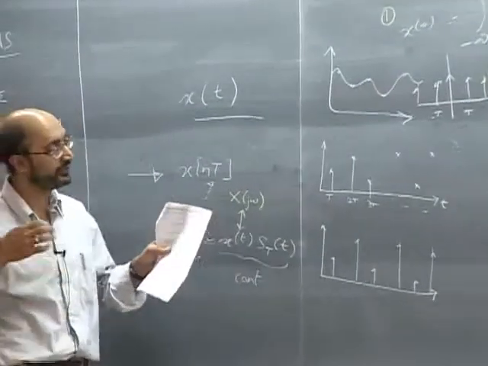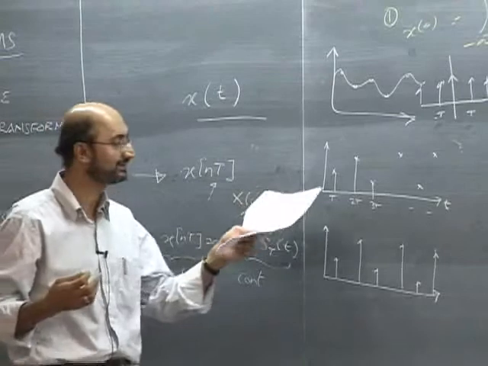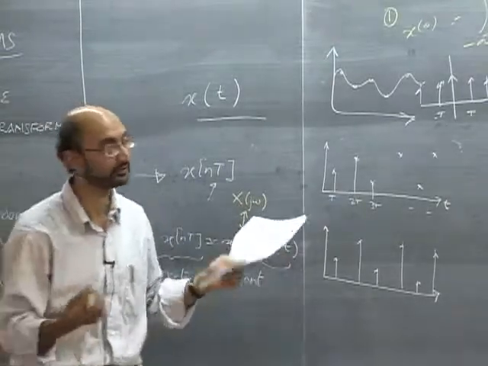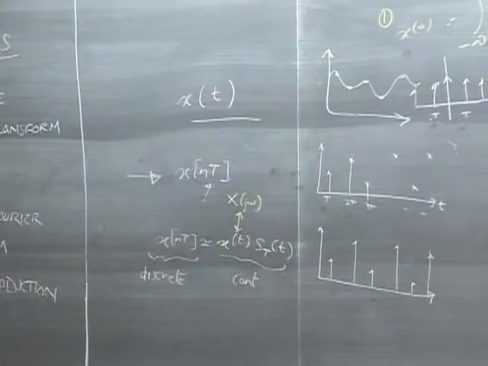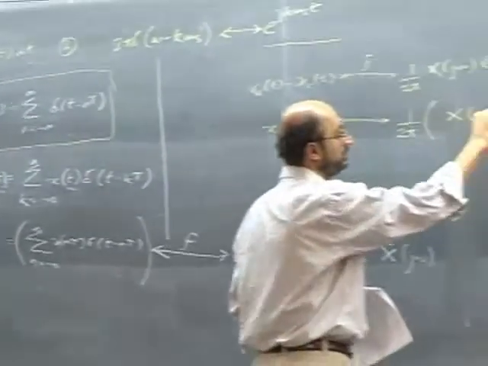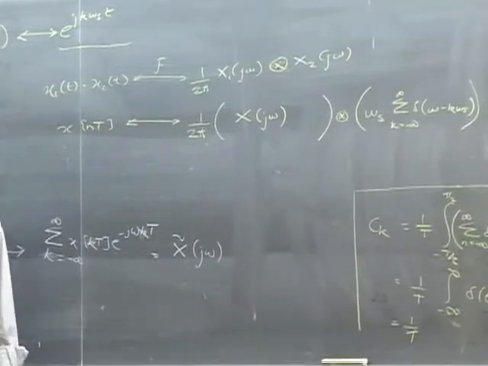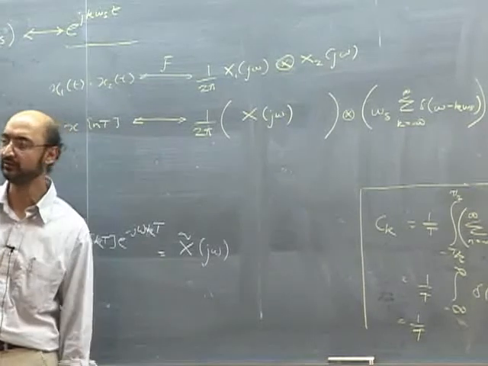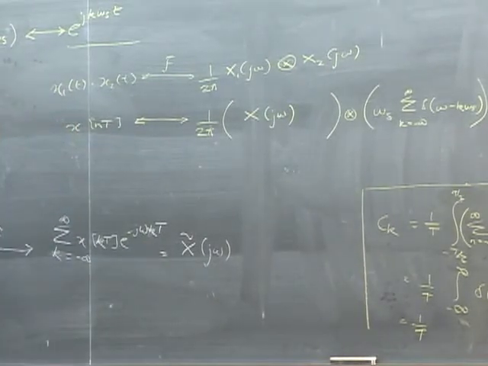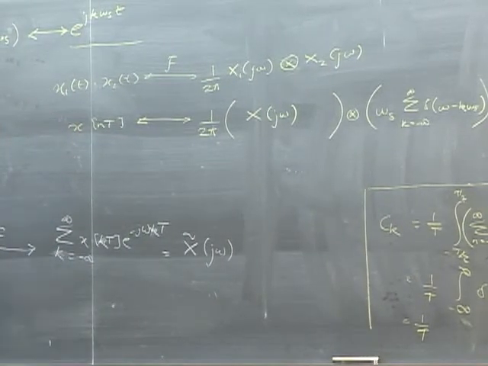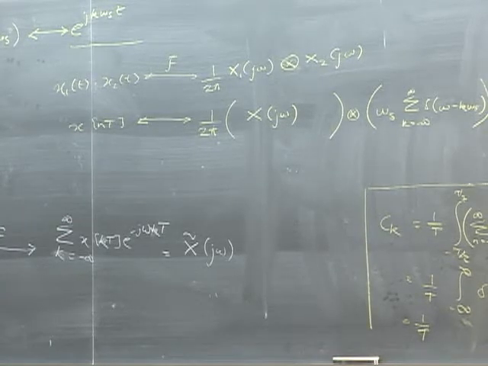Because it's this virtual function which matches x and t at the right points in time. So let's just call that x of j omega. So that looks like this. And it's x and not x tilde because this is the Fourier transform of a continuous time function x of t, not x n t. It's a Fourier transform of x t. Remember, I'm doing the right-hand side, not the left-hand side. So I got the x over there.